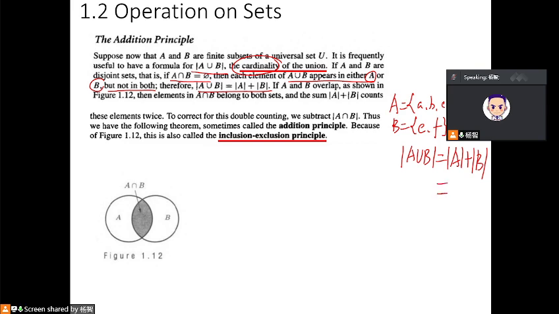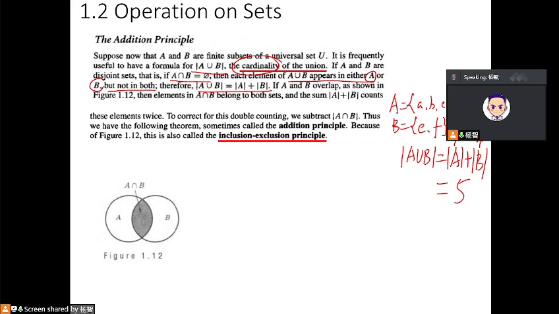What's the result of this expression? Who can tell me? Yes, it's right, because this is 3 and this is 2.